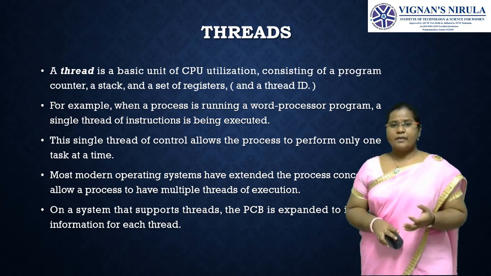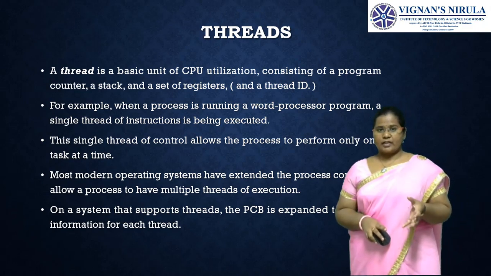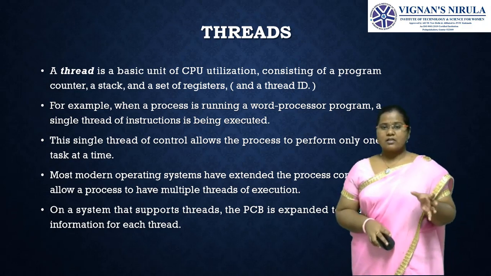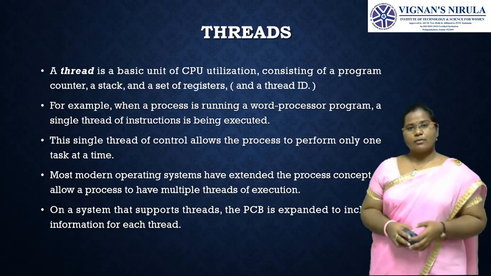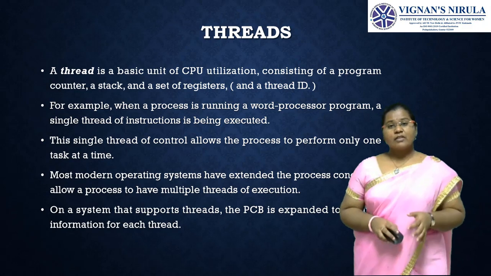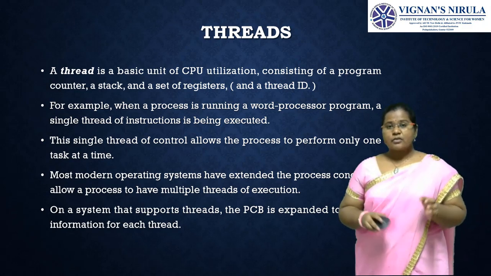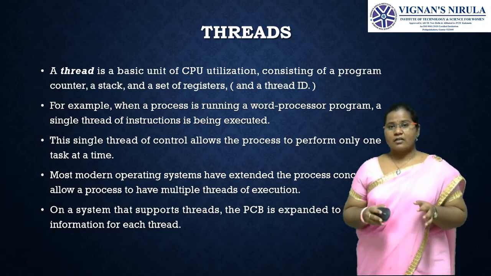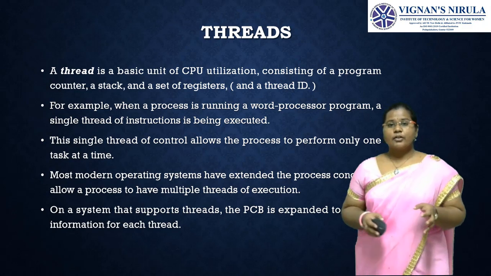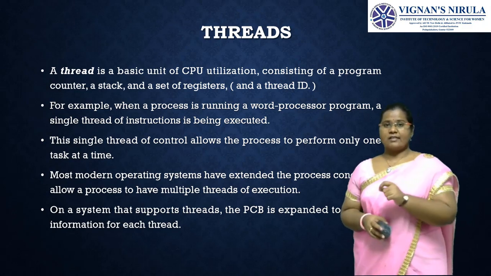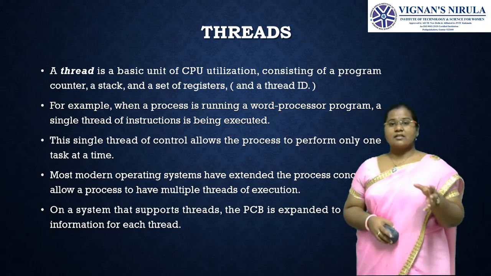And for example, the same word processor can be divided into two threads. The first is the text editor, with which you can edit the text in your Word document. As soon as you type a word, if you have a spelling mistake, once you finish writing the word and give a space, you can observe a red underline under that word, which indicates to the user that there is a spelling mistake.